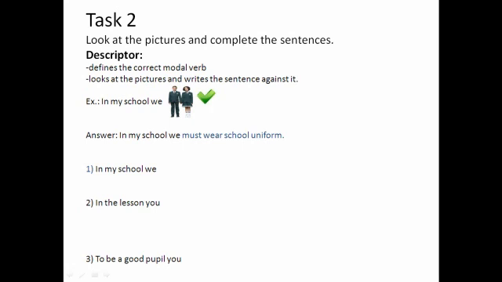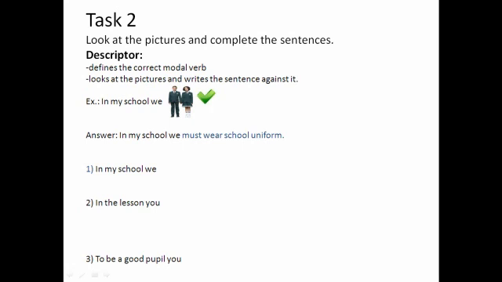For example, in my school we, and after we you can see the picture, which means wear school uniform. That's why the answer is, in my school we must wear school uniform.